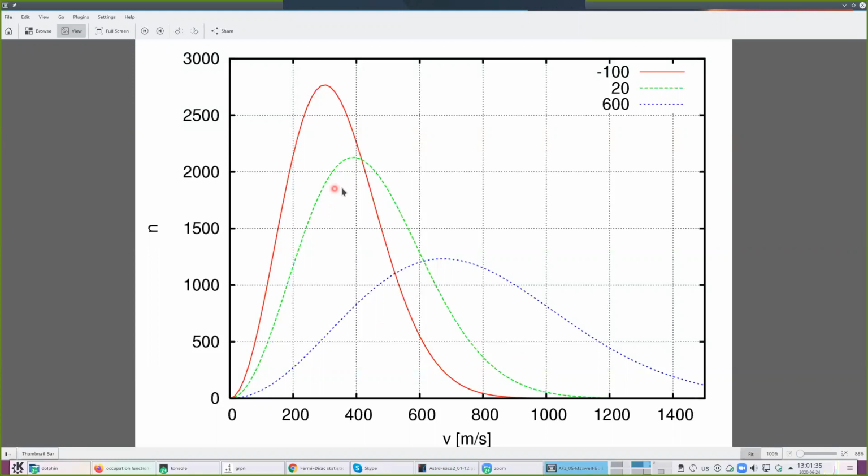So at lower temperature we have really well packed particles, a lot of particles with the same energy, so at the same energy level, and then this broadens.